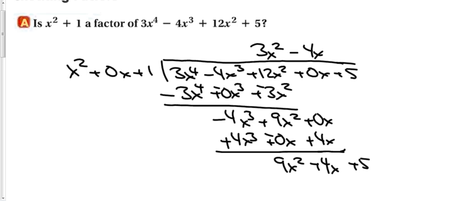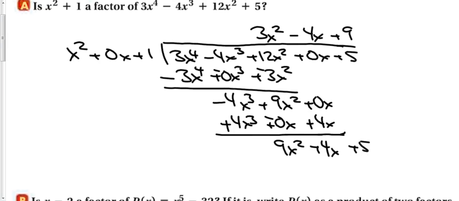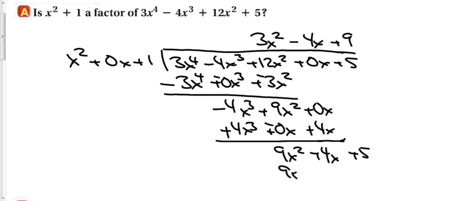Last step is we are going to divide 9x squared by x squared, and we're going to get 9. Multiply the 9 across gives me 9x squared plus 0x plus 9, and subtracting gives me 4x minus 4.